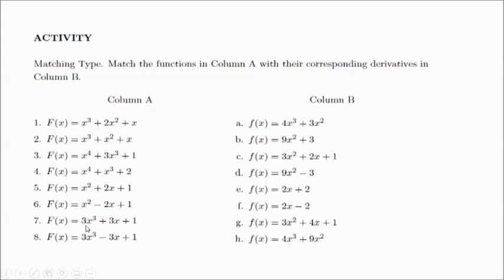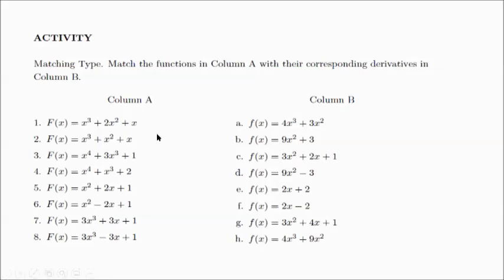So we are given functions, these are polynomial functions, and then we get the derivatives, right? For integration class, this is what we are given: these derivatives, and then we will get the ones in column A. So it's reversed.